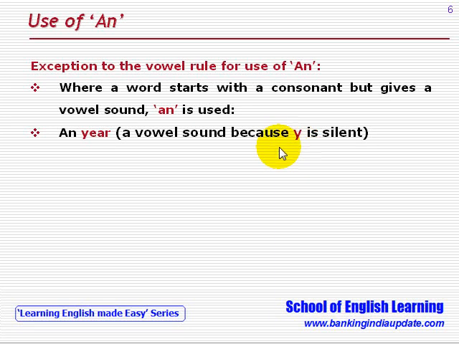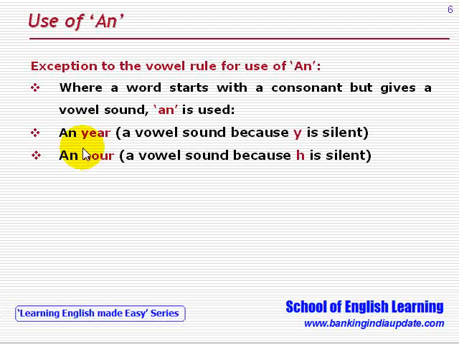So instead of saying a ear, we say an ear. Similarly, an hour. Here H is silent, hence a vowel sound. That is why we use an instead of a.